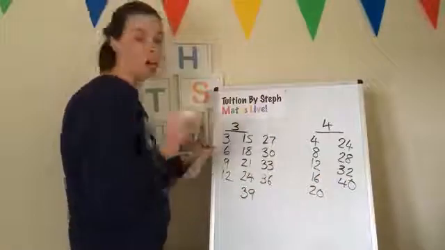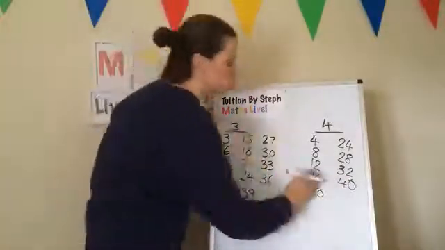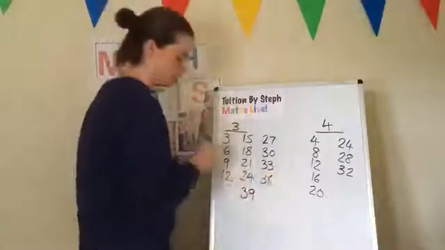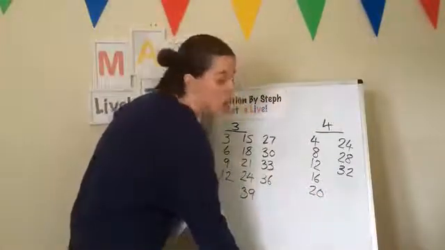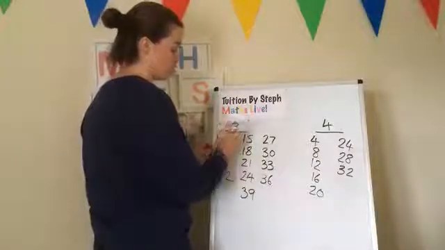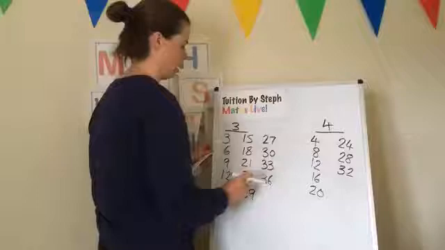Now, we can't include 40 because it says under 40, so make sure you read it correctly. So what are the common multiples? The common multiples are numbers that are in the 3 times table and the 4 times table.